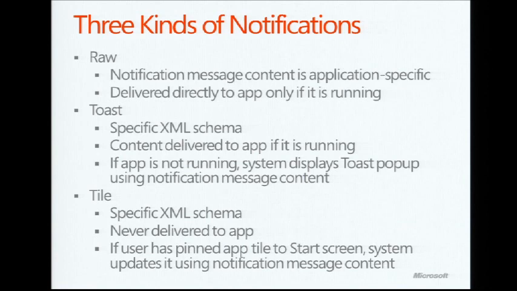It's what you would get when, for instance, you get a text message. That's what you see across the top of the screen, a little toast. You do have to ask permission and allow the end user to opt in to toast messages, and you always have to allow the end user to opt out again if they change their mind. And so keep that in mind as you're building it.